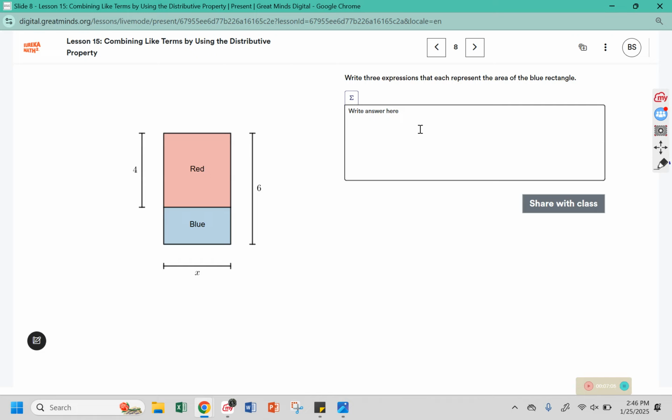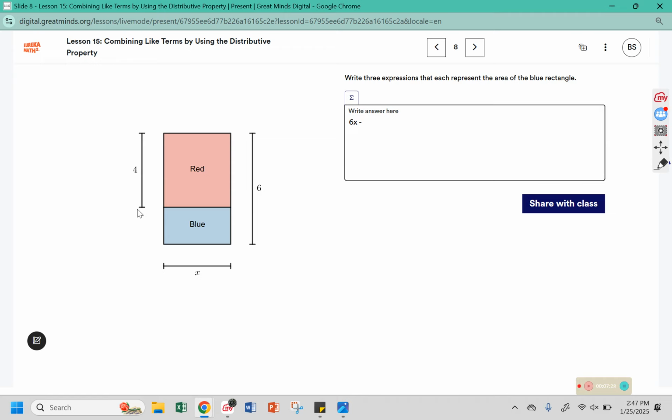Write 3 expressions that each represent the area of the blue rectangle. Well, the total height is 6 and the base is x, so the total would be 6x. And we don't want the red rectangle, so we can subtract the red rectangle's area.